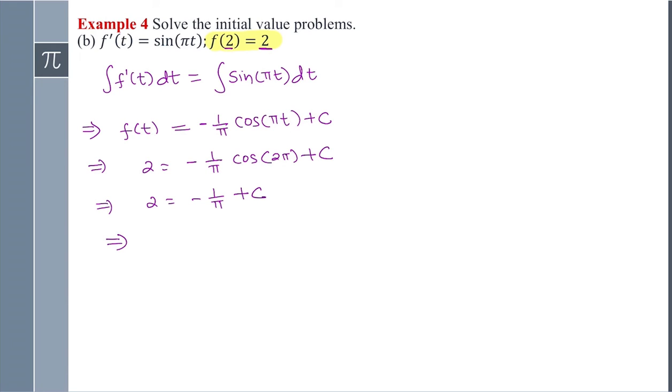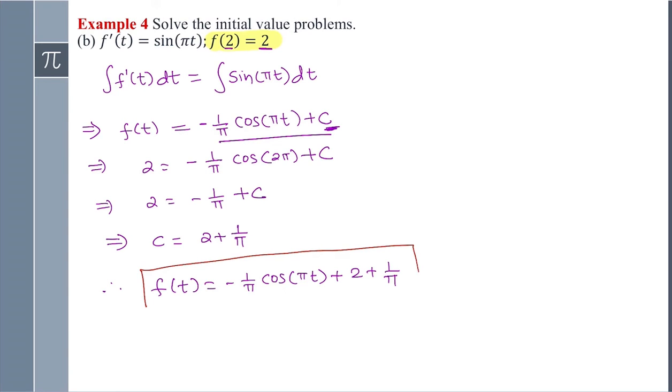If we solve for c, we get c equals 2 plus 1 over pi. Therefore, our function is f of t equals negative 1 over pi cosine pi t plus c, where the value of c is 2 plus 1 over pi. And this is the solution to the initial value problem.